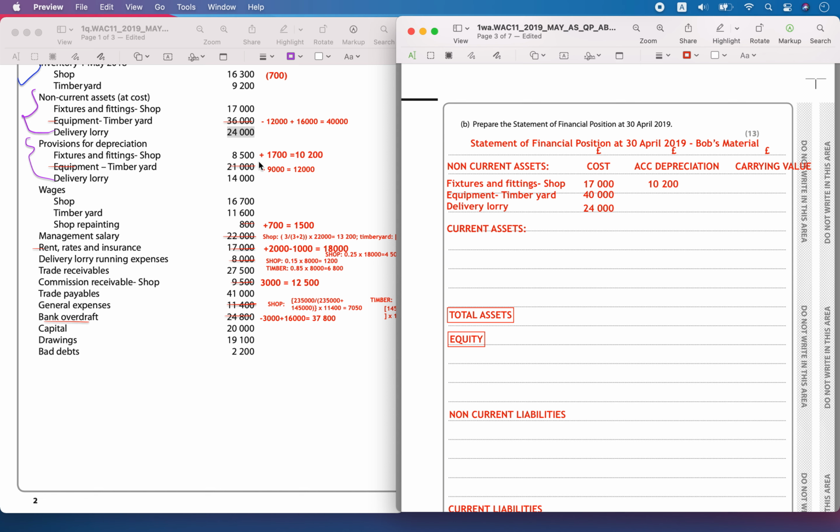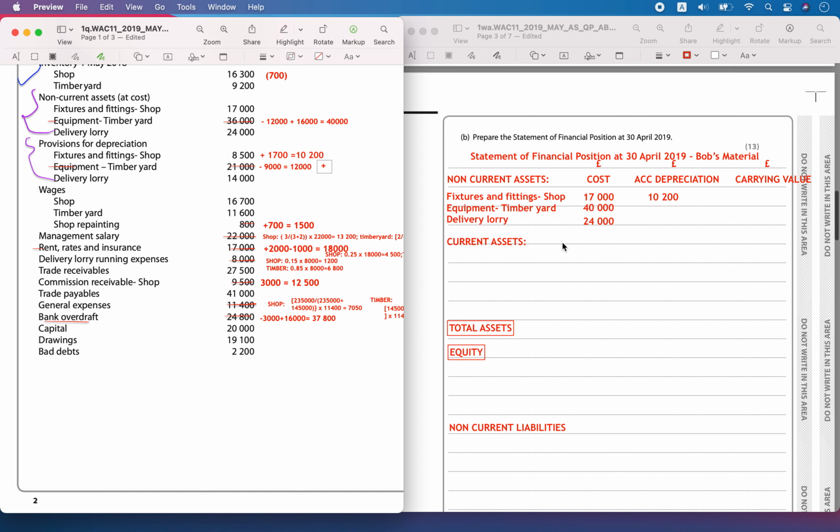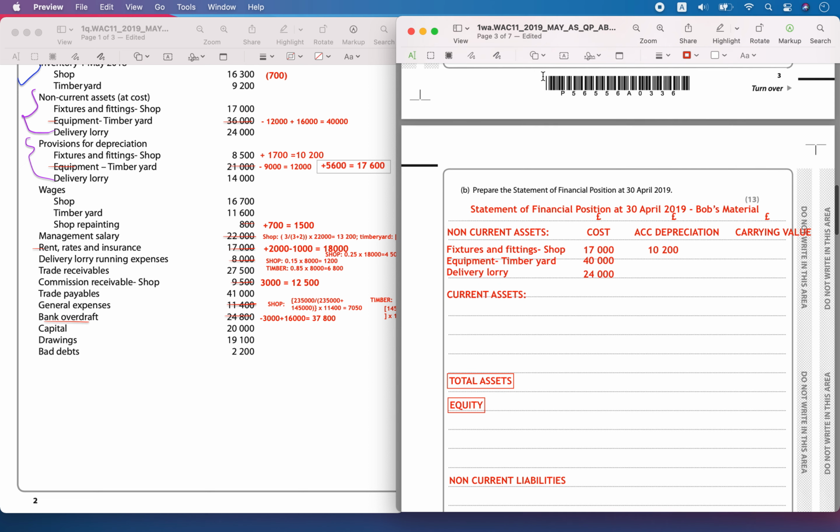Then we have the timber yard equipment, which is 12,000. Adding this year's depreciation of 5,600, the accumulated depreciation becomes 17,600.